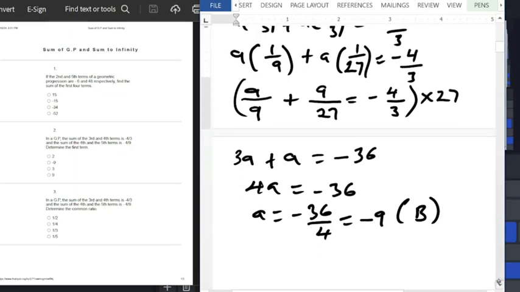While number 3, if we check number 3 and number 2, they both have the same information, but different questions. So determine the common ratio. We've gotten our common ratio from number 2.